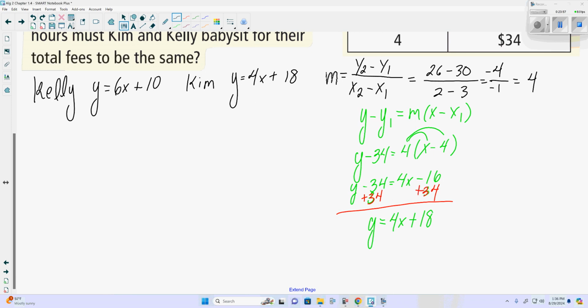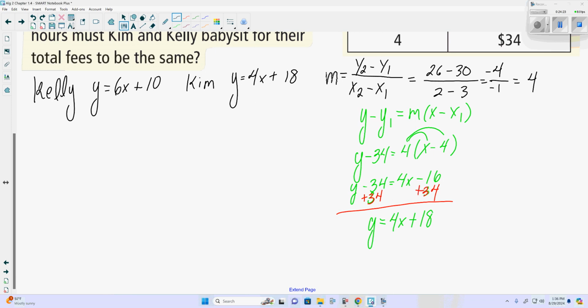Yep, because the other way we can do it, slope is what? 4, yes? So for each y value, it's increasing by 4. Well, they gave us the first one at 1 hour. She made how much? $22, yes? So if I subtract 4 away from it, it means at 0 hours she would have made $18. Both work.